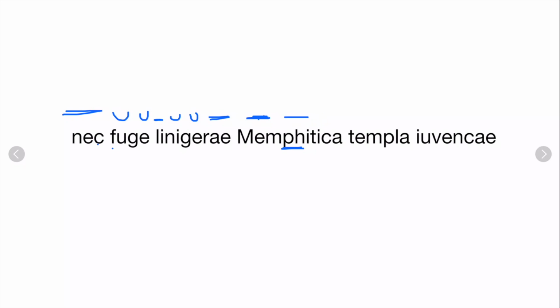Long by nature, short, long because of the M and the P, short, long, and you can tell, you've got your N and your C there, and then diphthong, but it doesn't matter, it's the last foot or the last beat there. So nec fugali negerai memphitica templa juvencae.